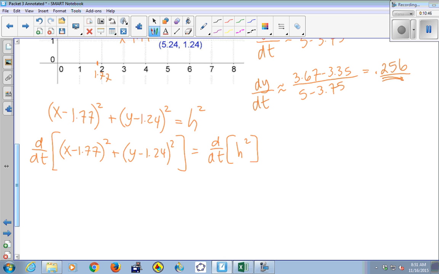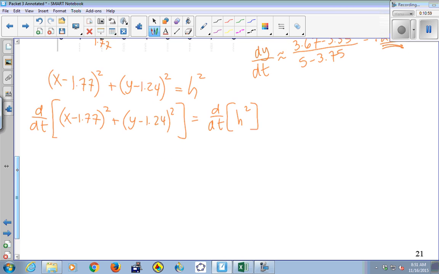Neither x, y, nor h is the variable that represents time, which means any time I take a derivative that's not with respect to t, you're going to have to use the chain rule. So if I take d dt of (x minus 1.77) squared, that's some stuff squared. So I bring down the 2. I copy this stuff.